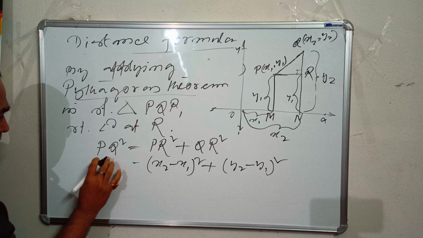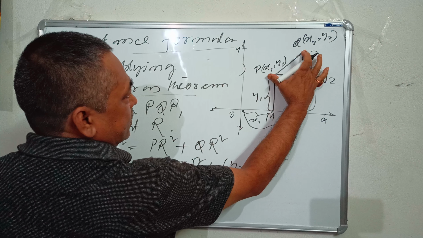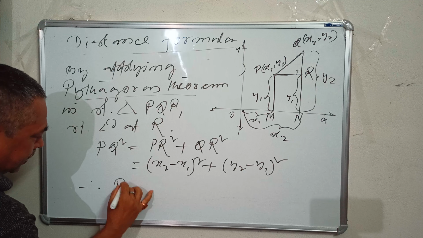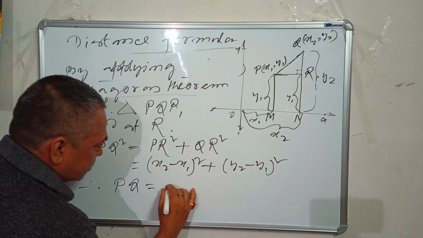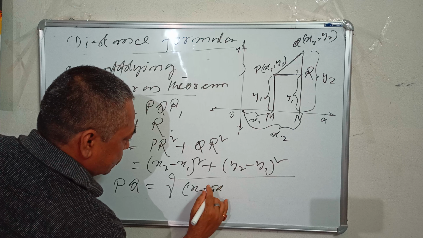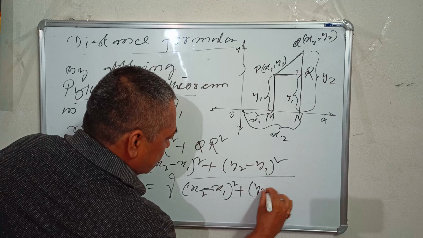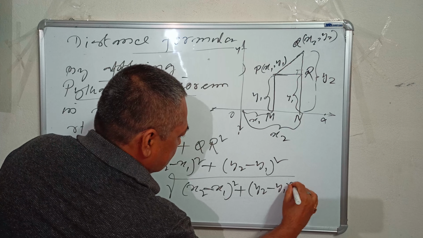So this is PQ square. Now our purpose is to find this distance PQ. Therefore PQ equals square root of (x2 minus x1) whole square plus (y2 minus y1) whole square.